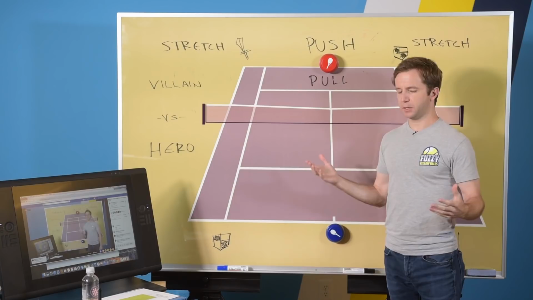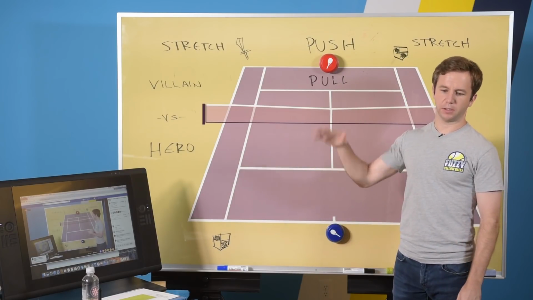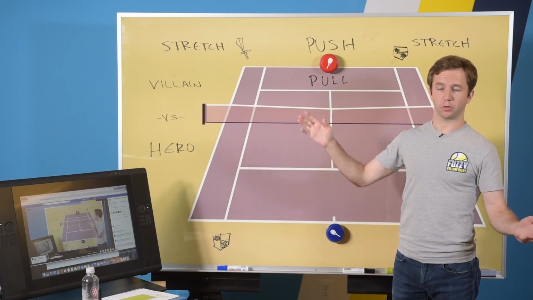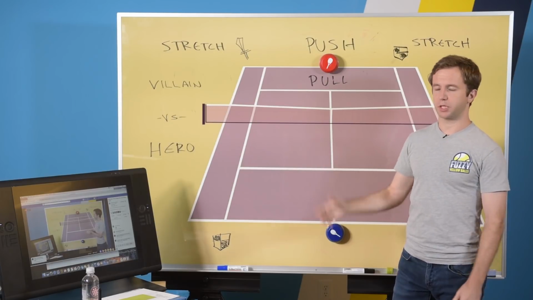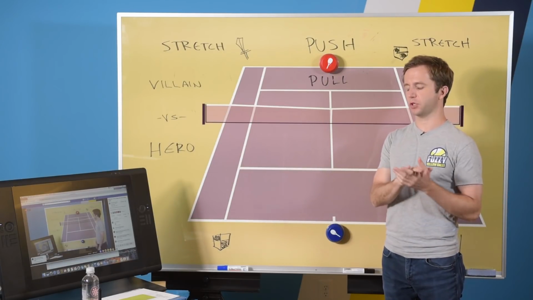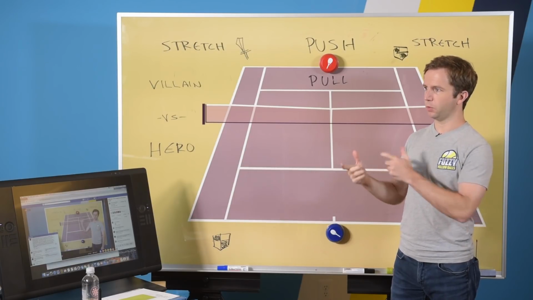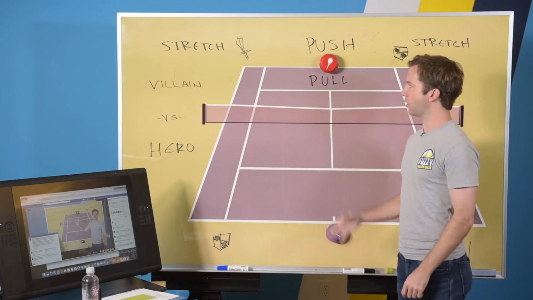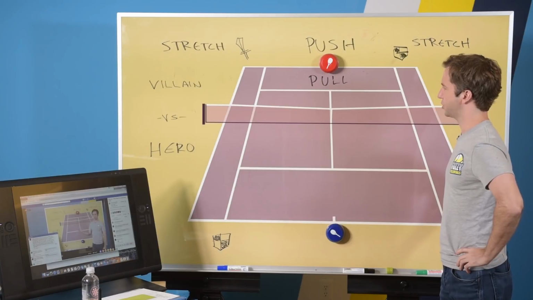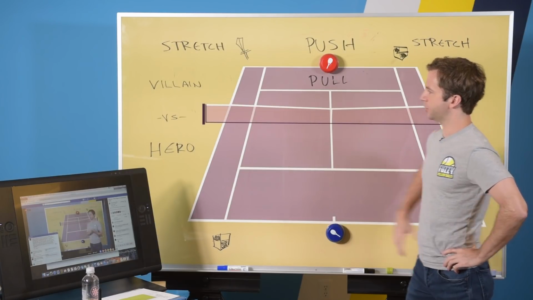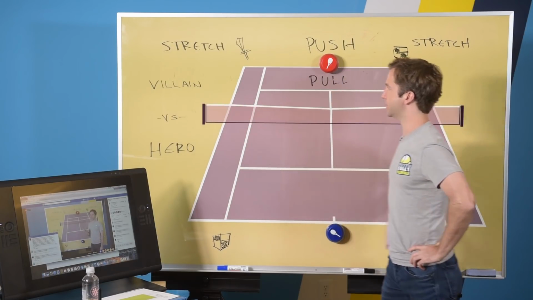So typically when we watch tennis, we're like, oh, he hit, that was a fast serve, or that was a good angle, or something like that. And we tend to focus on the shots and not necessarily what these shots are after. So there are 4 ways that you can stress your opponent. So we're hero, opponent is villain.